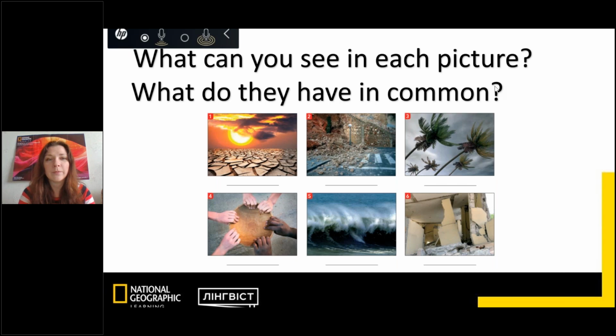All right. What about number 4? Any ideas what this can mean? How is this connected to the weather? Wonderful. Thank you for all your answers.